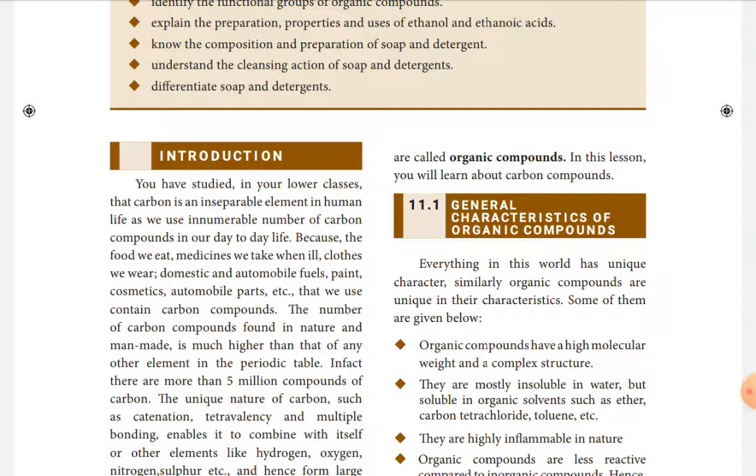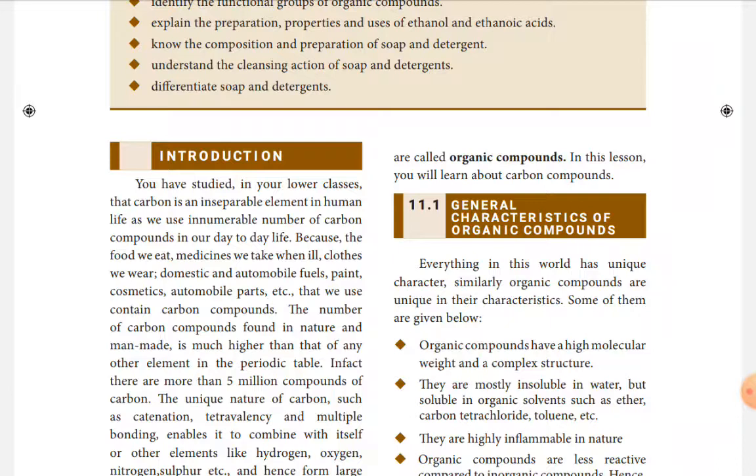In 9th standard you learned about bonds: ionic or electrovalent bond, covalent bond, and coordinate covalent bond. Ionic bond means a transfer of electrons. Covalent bond means a sharing of electrons between the combining atoms. In a coordinate covalent bond, one of the combining atoms donates and the other shares. All this is 9th standard syllabus.